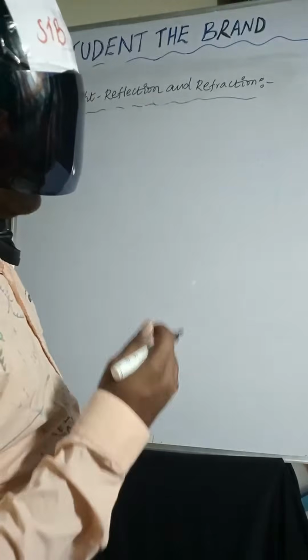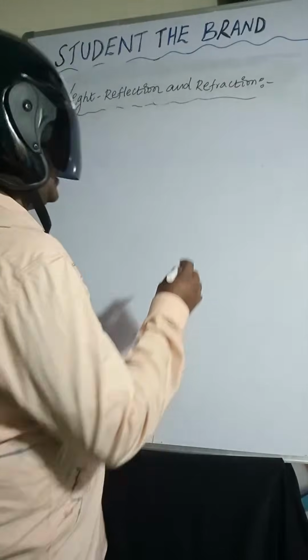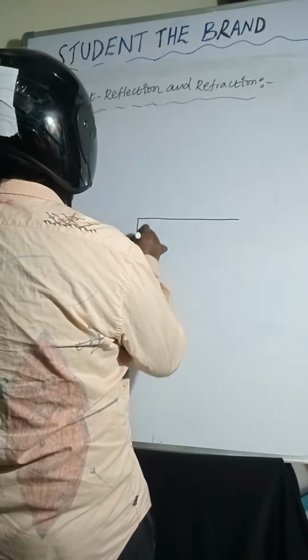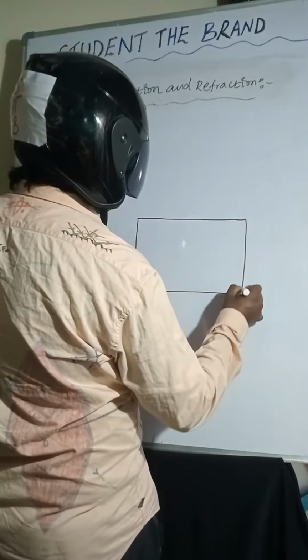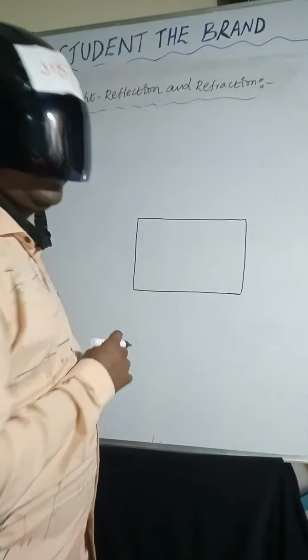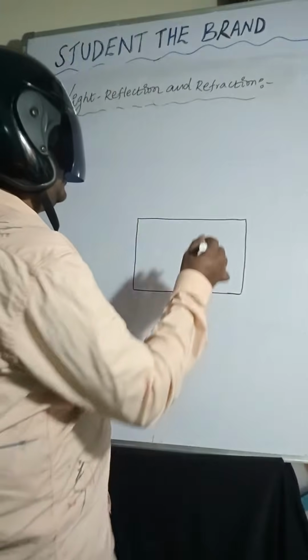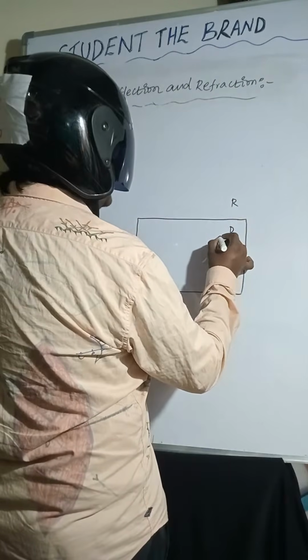Now you can observe here. I am taking the glass slab. Okay, the light ray is passing from rarer to denser. So I am taking this the rarer medium and this the denser medium.